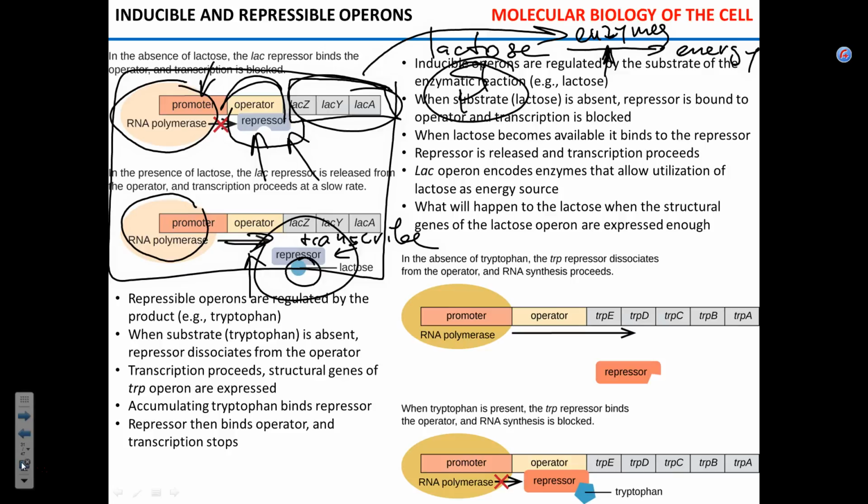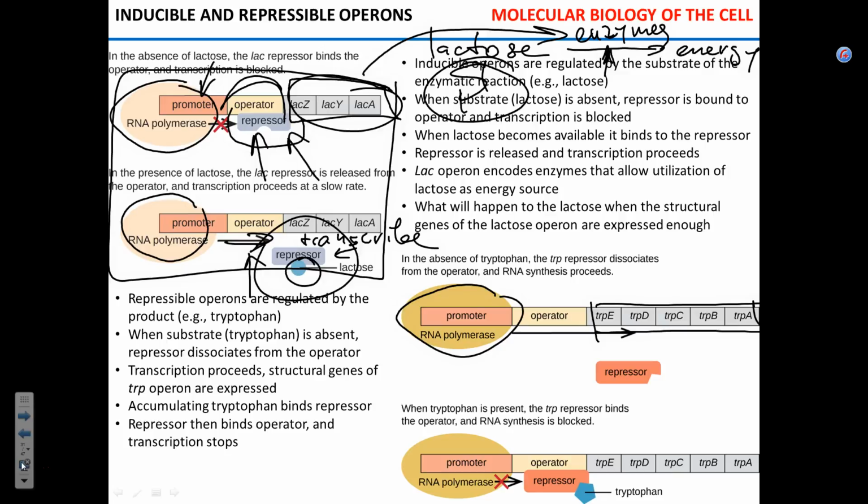Now, let's take a look at the repressible operons. The tryptophan operon. Tryptophan is an amino acid that is required for the normal growth of microorganisms. Normally, this operon works. RNA polymerase transcribes the genes that are necessary for tryptophan synthesis.